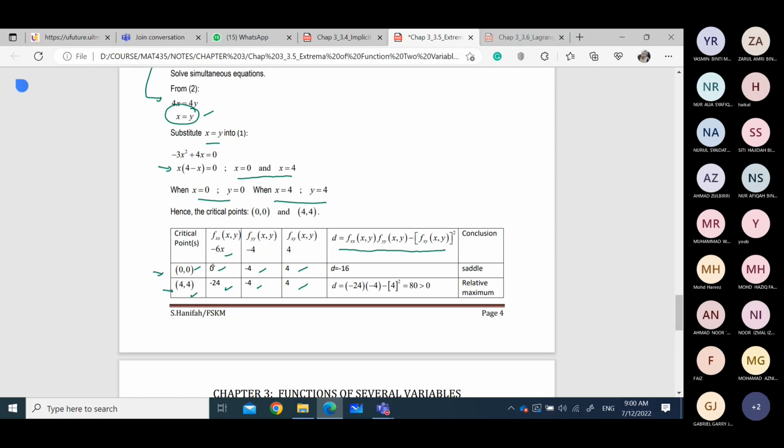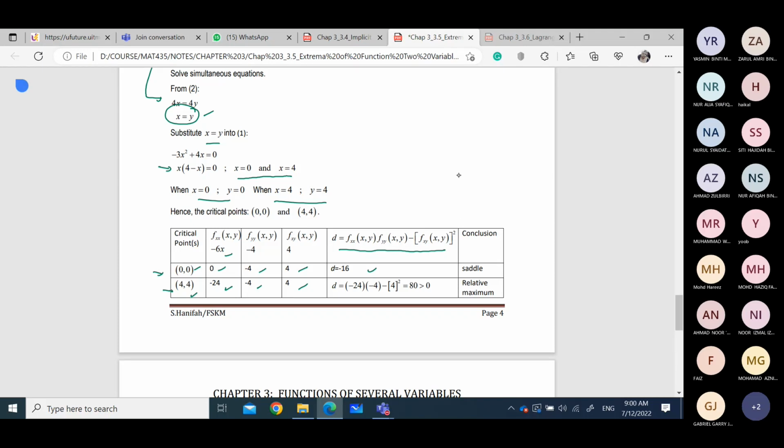You masukkanlah. So the second order derivative with respect to x, which is 0, multiplied with the second order derivative with respect to y, which is negative 4, and then minus the mixed order to the power of 2. Then here we have negative 16.